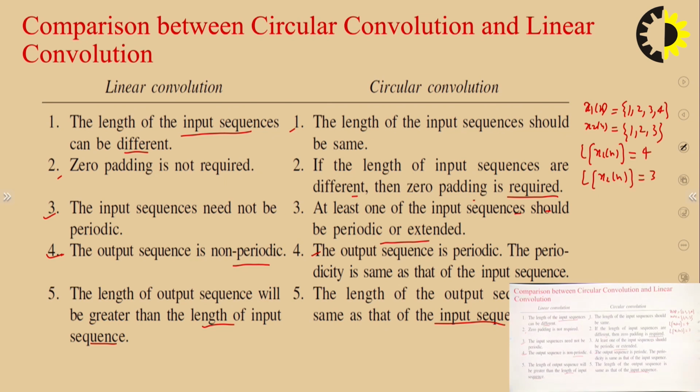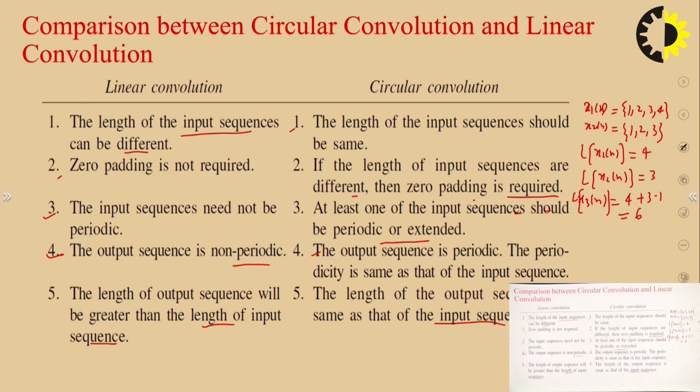For performing linear convolution there is no requirement of zero padding. The length of the convolved sequence, say x3(n), will be 4 plus 3 minus 1, which is 6. So this is the length of the linearly convolved sequence.